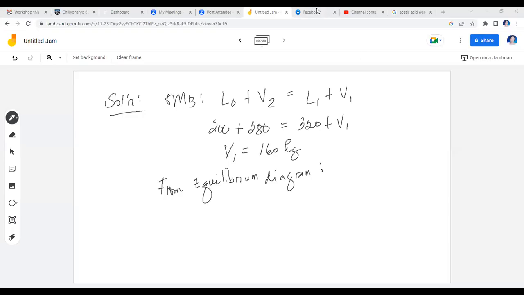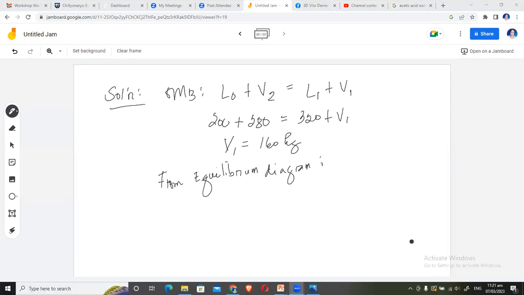So on our equilibrium diagram, we will write now the corresponding composition of the extract layer for V1. So you have YA1, YC1, and YB1.